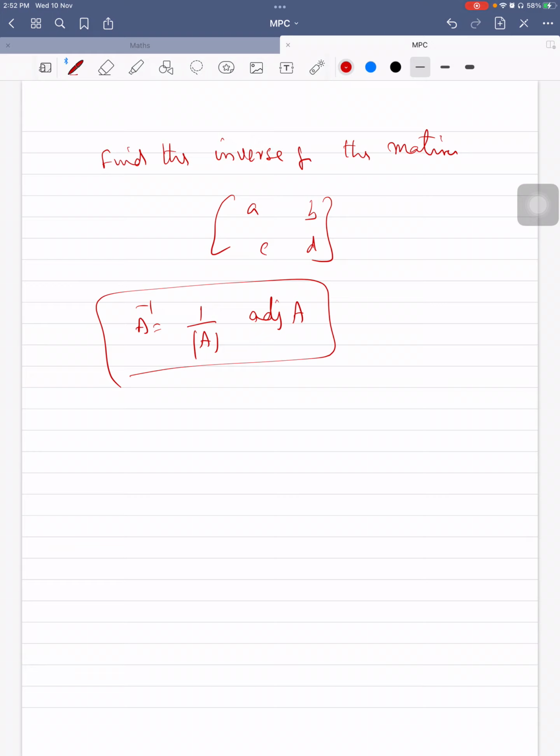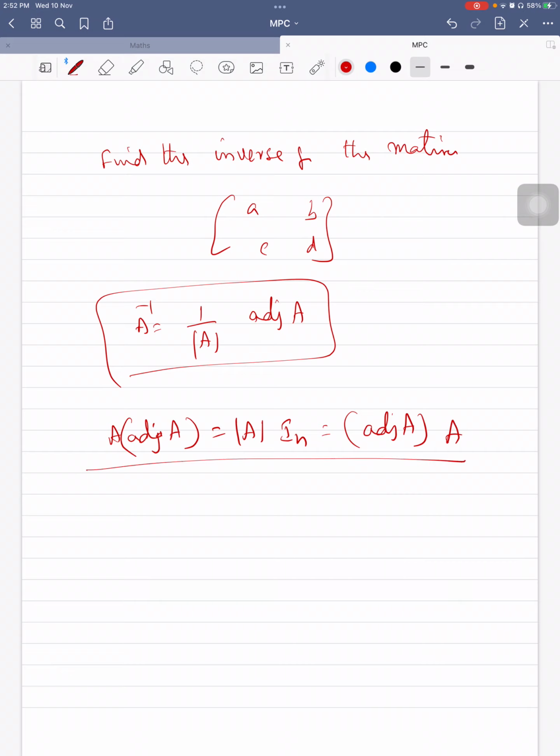See, how do you get this? A times adjoint A becomes determinant of A times I_n. You can prove this. Now, A into 1 by determinant A adjoint A equal to I_n.